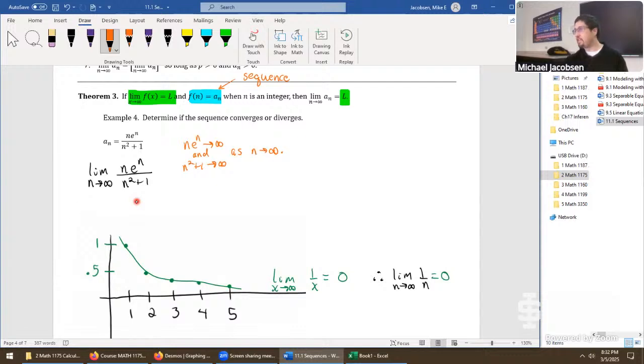So we have an indeterminate form of type infinity over infinity.